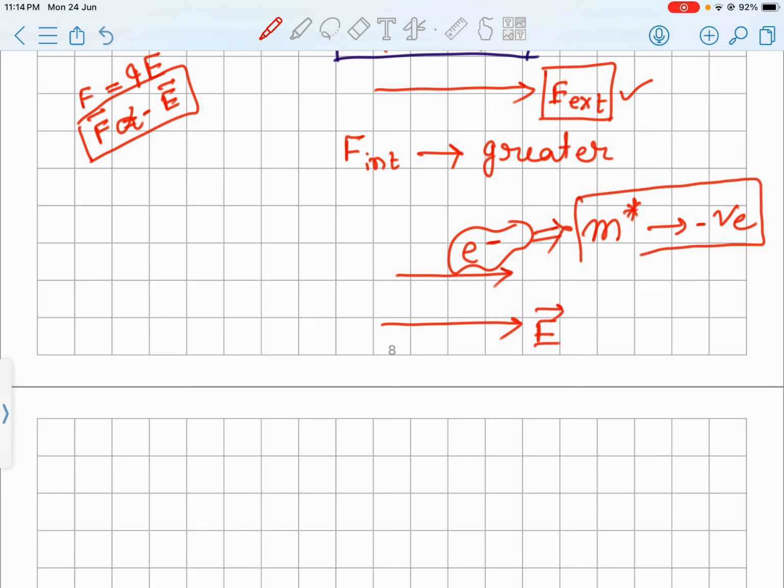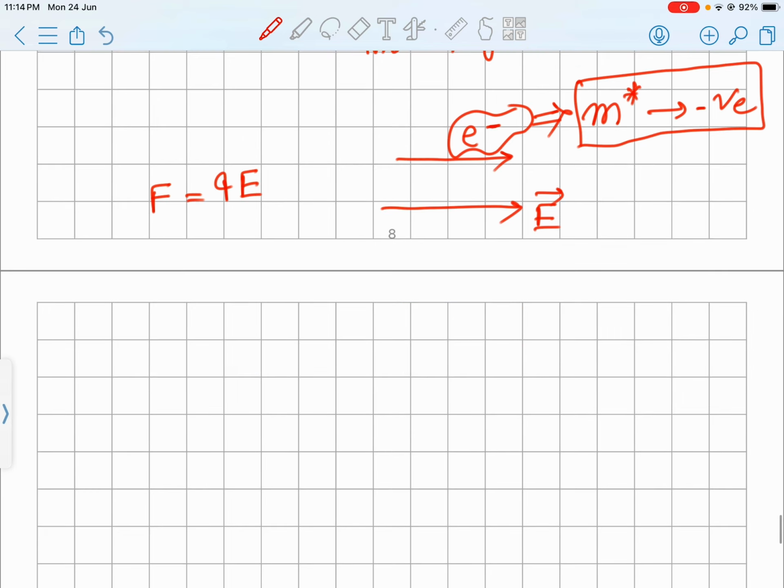Why? See, F equals QE. Okay, now E is minus E and this E is this. Now if we put this, then you can see that this will be in opposite direction, as we have discussed earlier also.